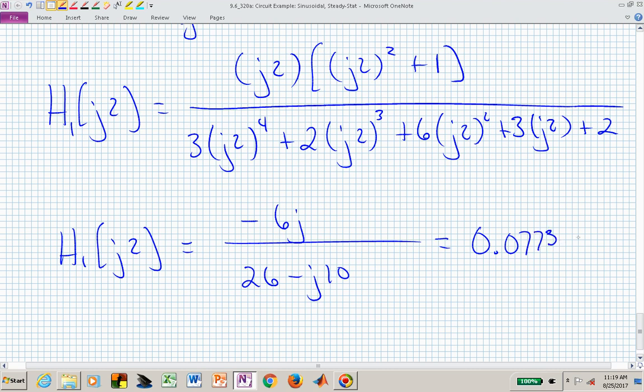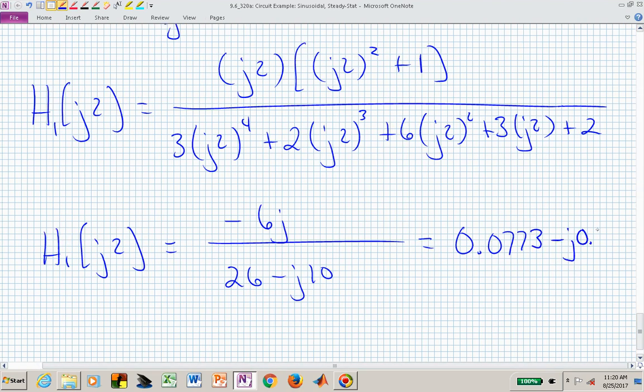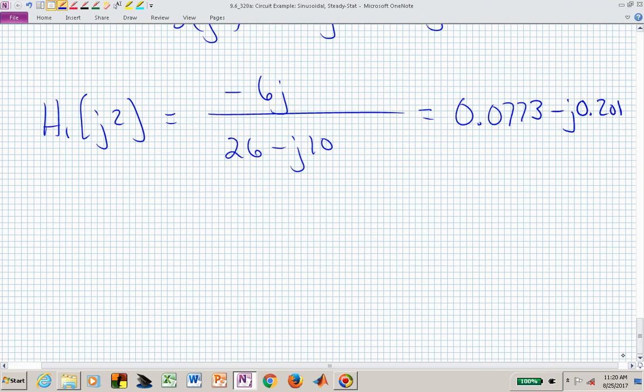All of that ends up with a complex number being 0.0773 minus j 0.201. That's a complex number, and you should just start sketching that. Now you know what that complex number is in the s-plane.